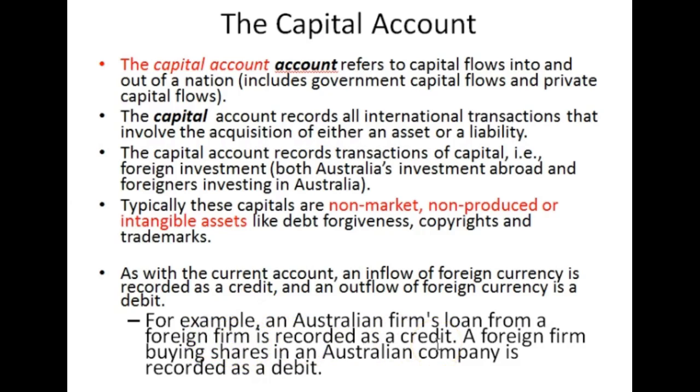If a foreign firm takes loans from an Australian firm, it will be recorded as a credit. When a foreign firm buys shares in an Australian company, that means they are putting money in our country, it will be recorded as a debit because we have to return it back.